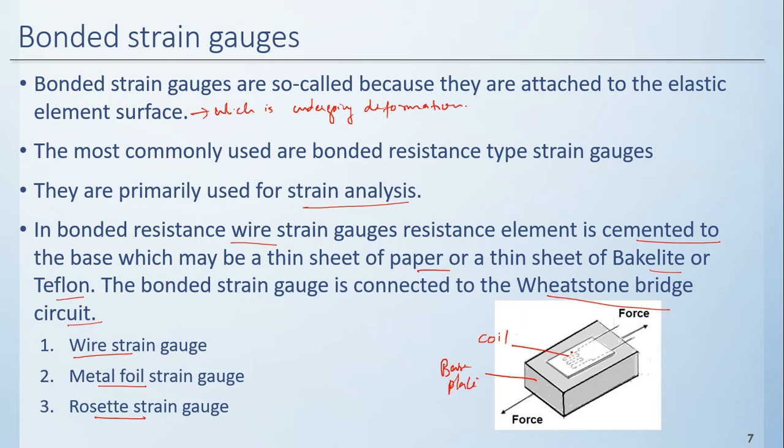And this deformation will be picked up by the foil, and there will be a change in its resistance. This resistance is transferred to the circuit using the Wheatstone bridge circuit, and the Wheatstone bridge circuit converts this to a subsequent voltage so that it can be manipulated or processed.